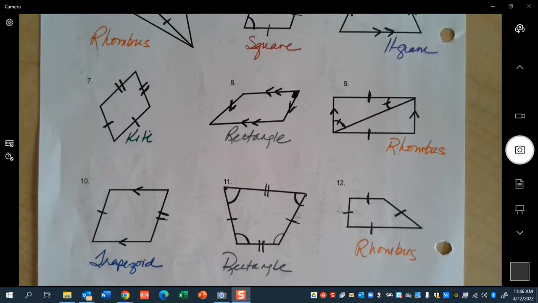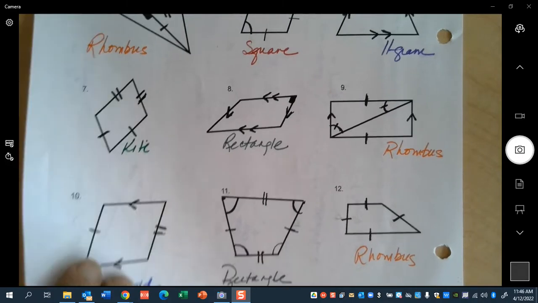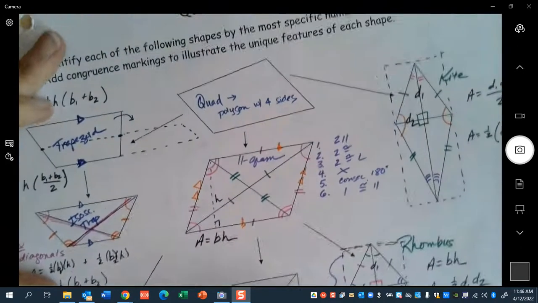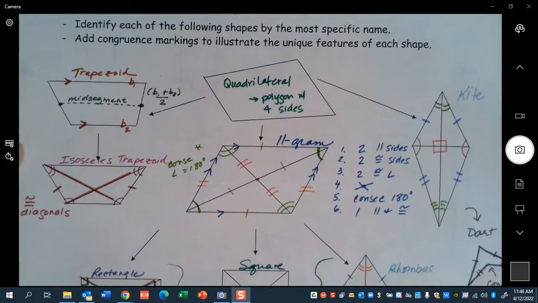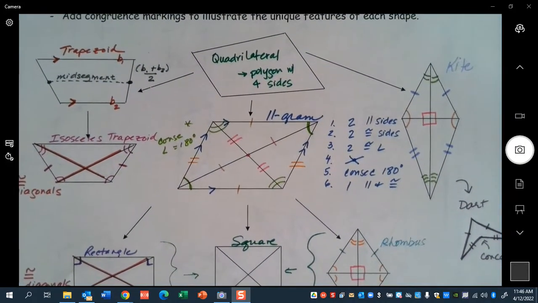Questions? Okay. All right. So in a minute we're going to go over your homework, but first of all, what I'd like to do is talk about how we can figure out the area. Lots of kids frustrated about, why do I have to memorize, blah, blah, blah.